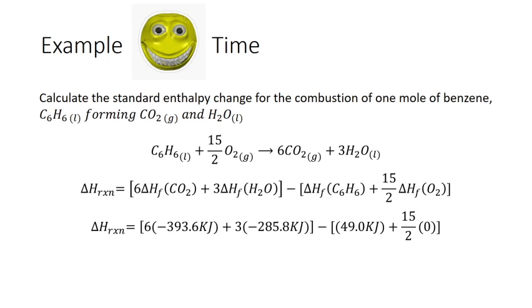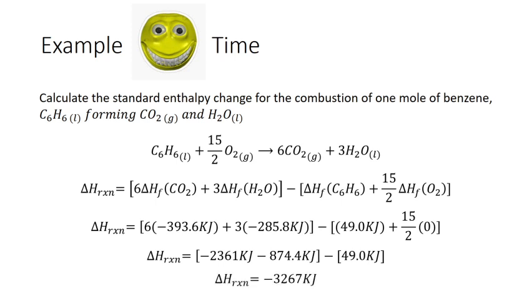You find those in charts. I have put them here. And now, at this point, it really becomes just multiplication, addition, and subtraction. And so when we do all of that multiplication, addition, and subtraction, we can break it down to this, and then finally a heat of reaction of negative 3,267 kilojoules per mole.